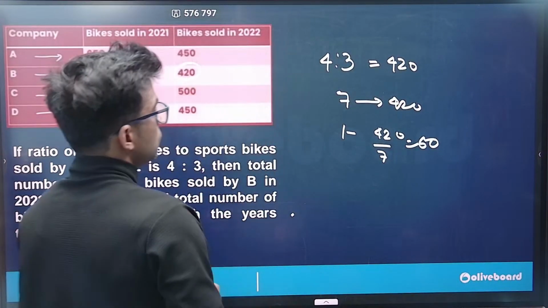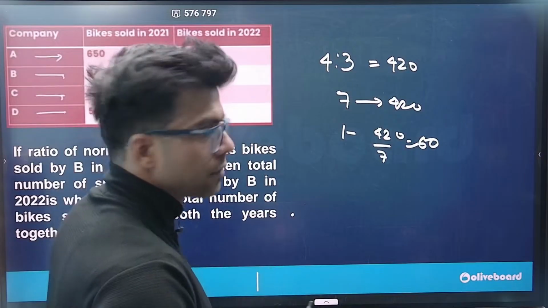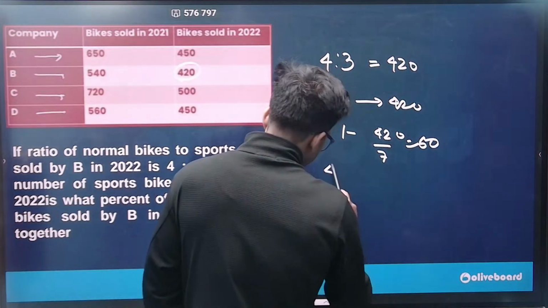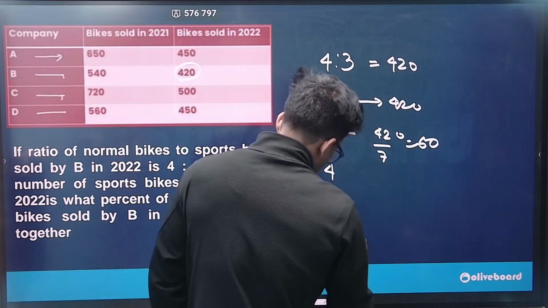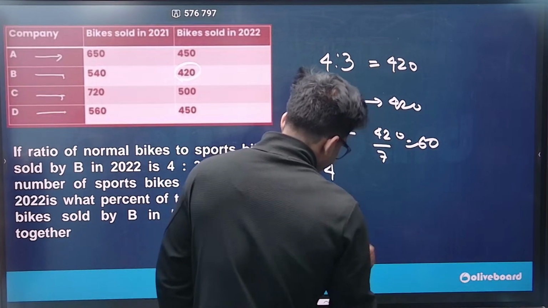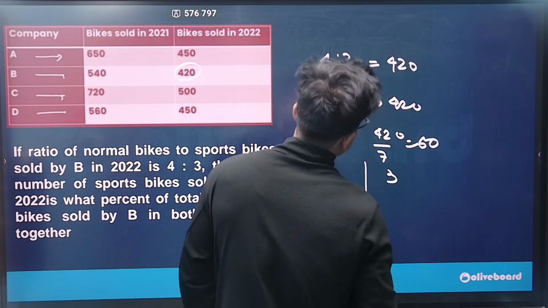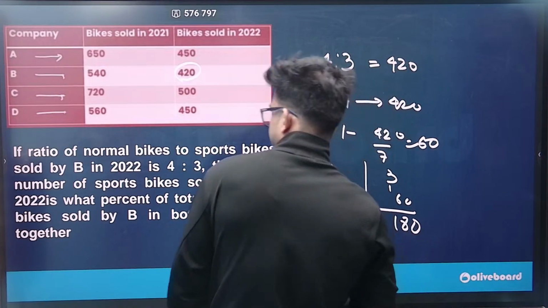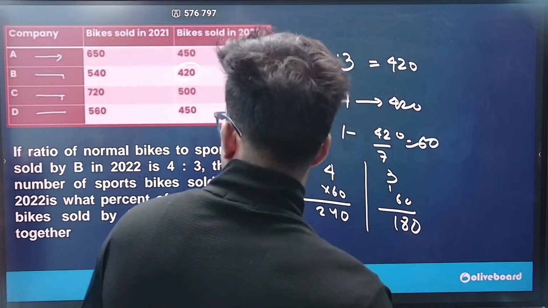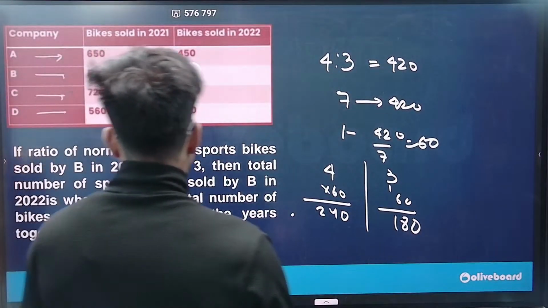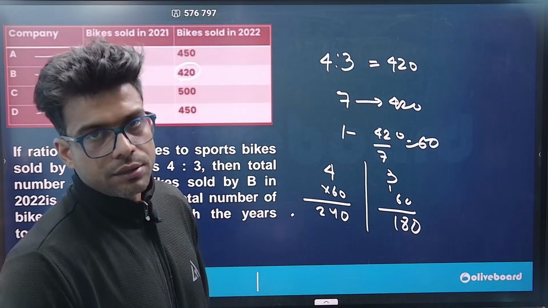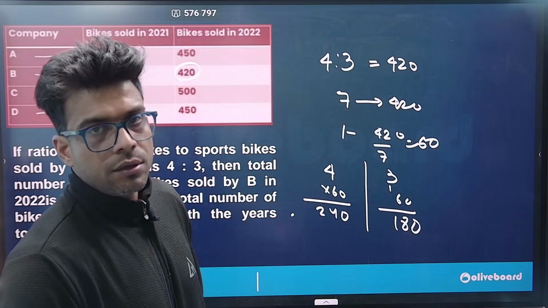So how can you answer? Come on, say. So the 4 will become 240 and 3 will become 180. What percent of total number of bikes sold by B both the years? Total number of bikes sold by B in both the years. Which is what?